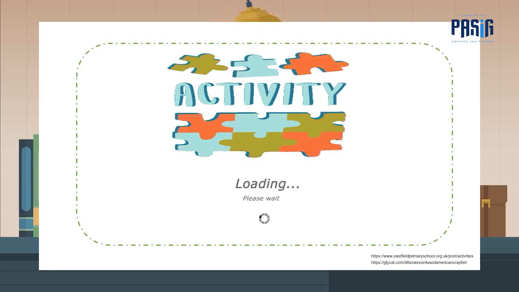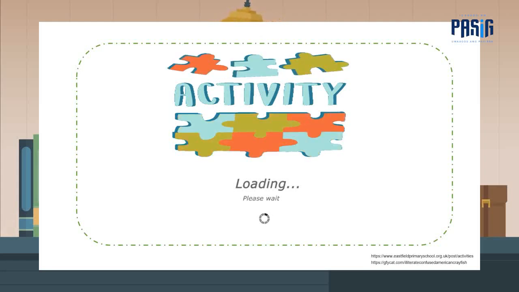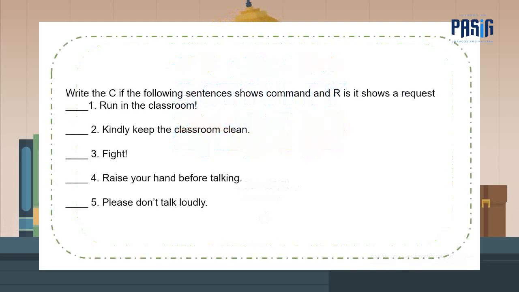But before we proceed to discuss the imperatives when giving instructions, let us answer first the following activities. You can pause and play the lesson for you to answer each question. Are you ready? Let's start. Write the letter C if the following sentences show a command and R if it shows a request.